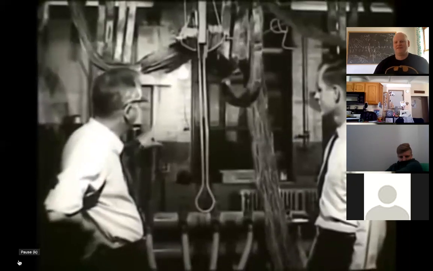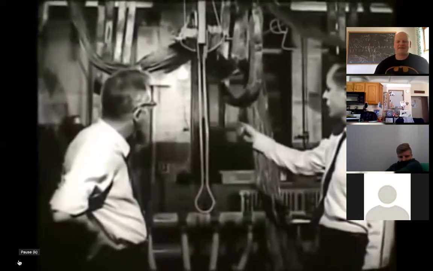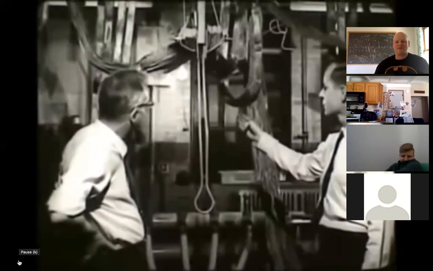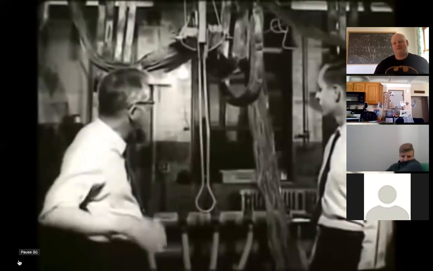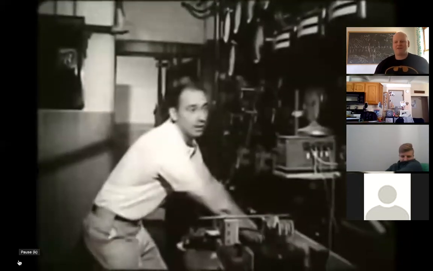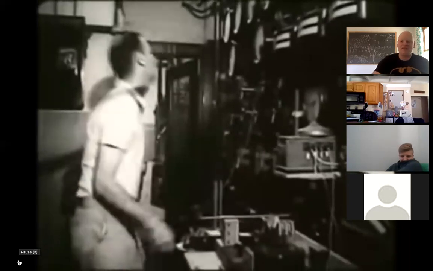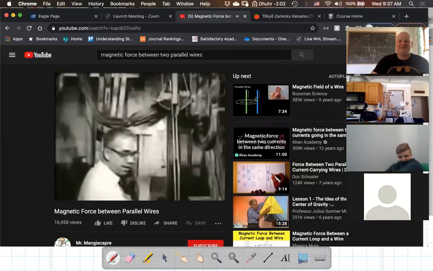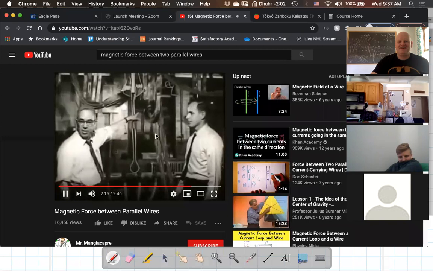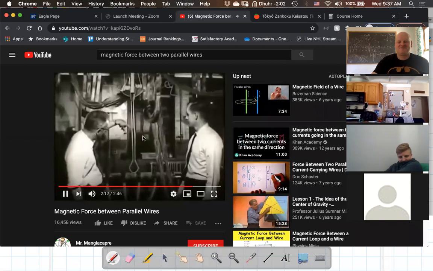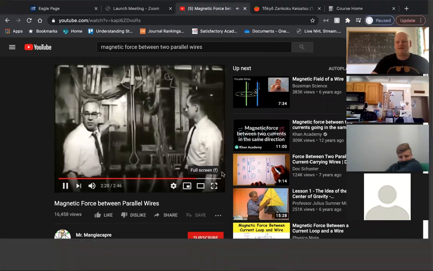Yeah, there it is. So you can see the gap widening from the repulsive force between these rods. There she goes. Whoa! And then they fried something. That was the circuit breaker that opened the circuit when we were getting too much current through the machine.